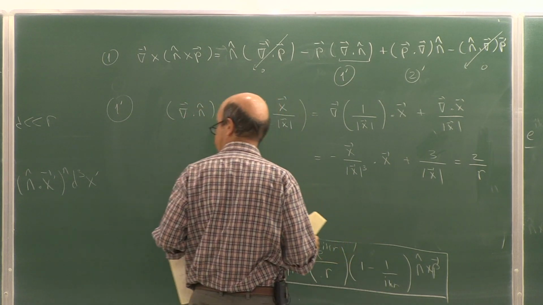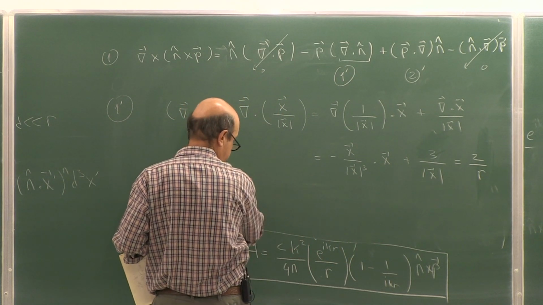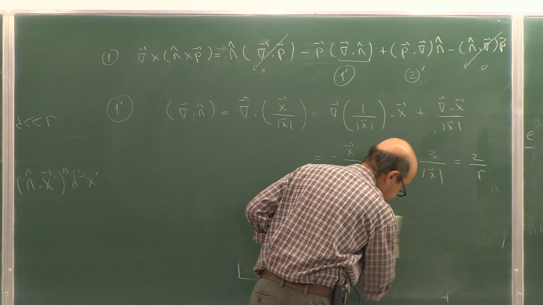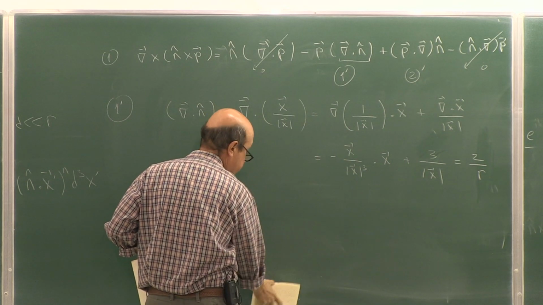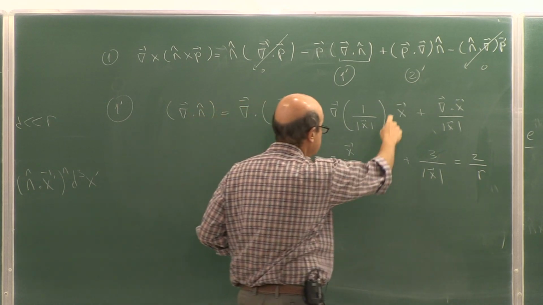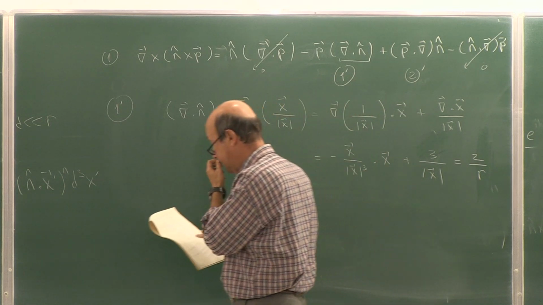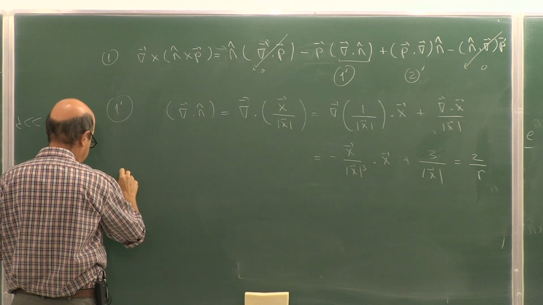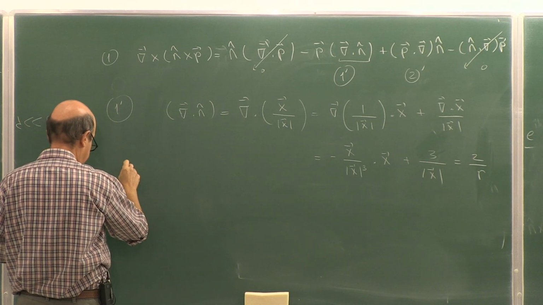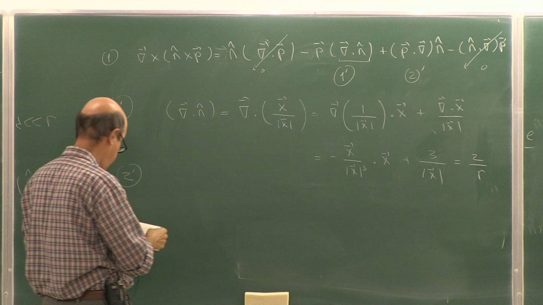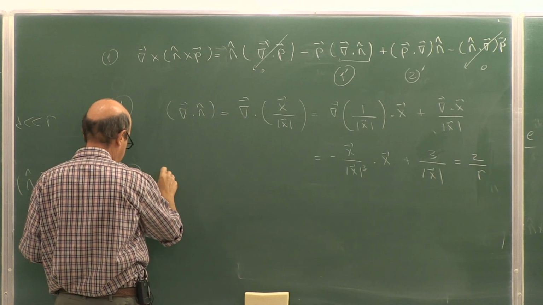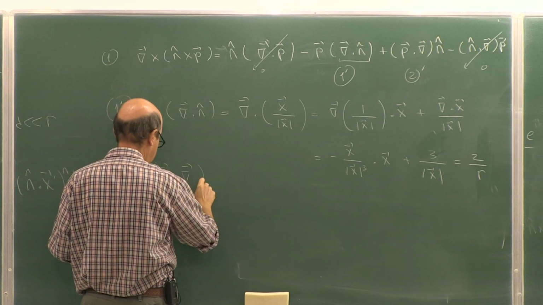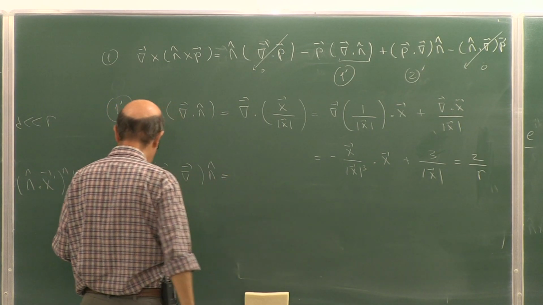Let me erase this, I can rewrite it later, and work on the second term. The second term is a little bit longer. So we have 2 prime, p dot gradient of n hat.